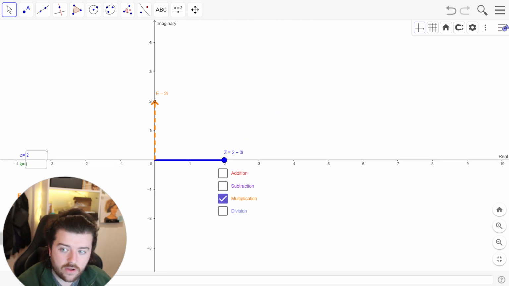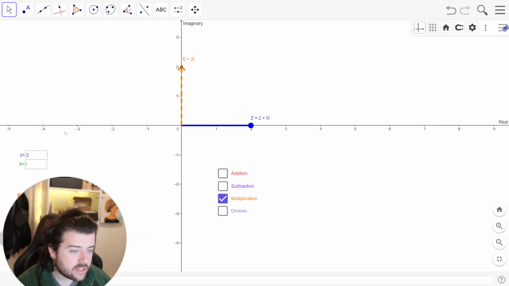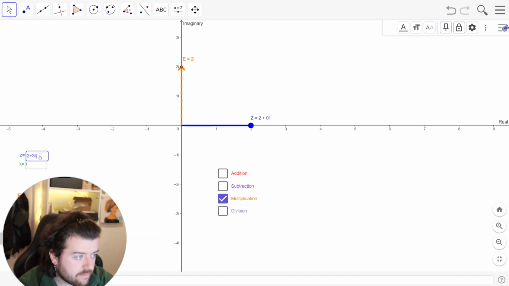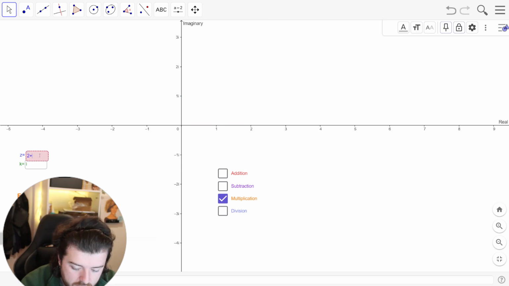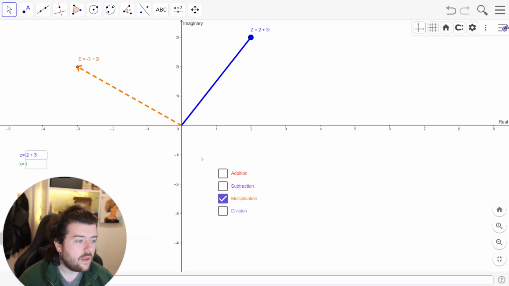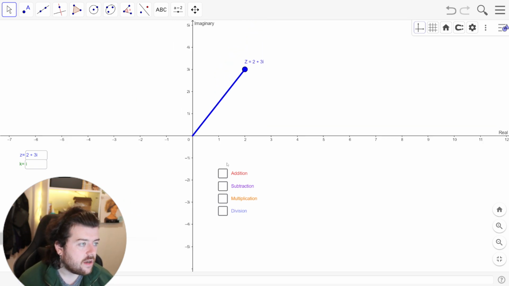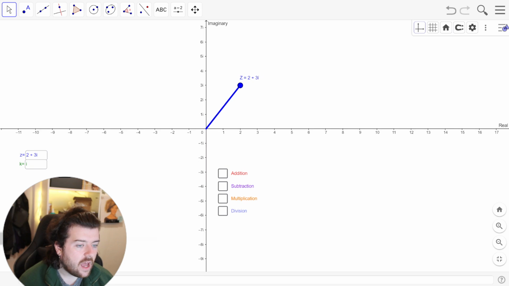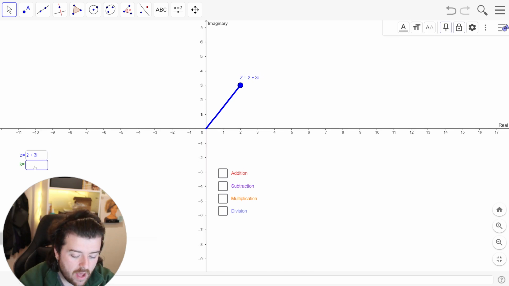Right, so now let's have a look at some multiplications. I'm going to have 2 plus 3i here. Get rid of the rotation there. So there is my complex number. I'm going to multiply that now by, say, 1.5.